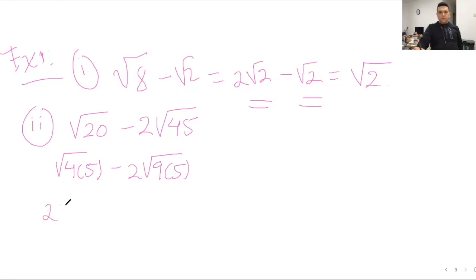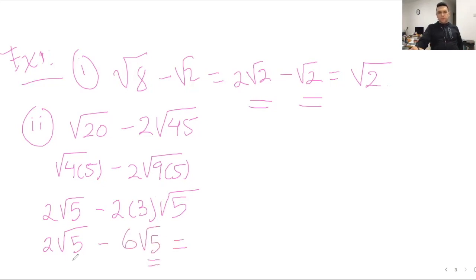We got a 2 coming out of this, keep the 5, a 3 comes out of that. Then we have 2 times the square root of 5 minus 2 times 3, which is 6, times the square root of 5, and then you have the same surd. So now you can combine these two, and you're going to get 2 minus 6, that'll be negative 4 times the square root of 5. Easy, right? Okay.